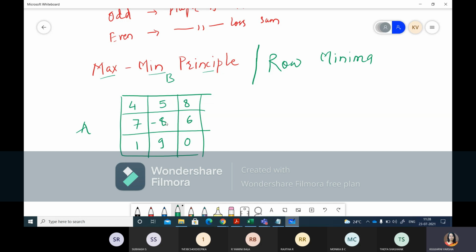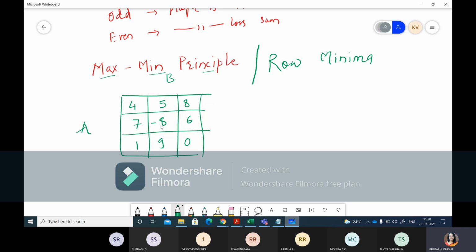Now we have this payoff matrix, and what the maximin principle is saying is that the row player, that means player A, will select the maximum out of the minimum gains.